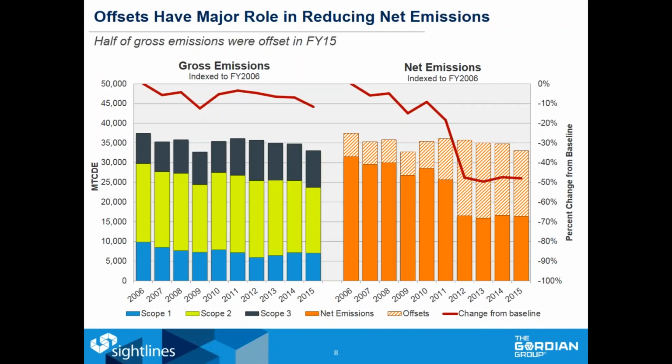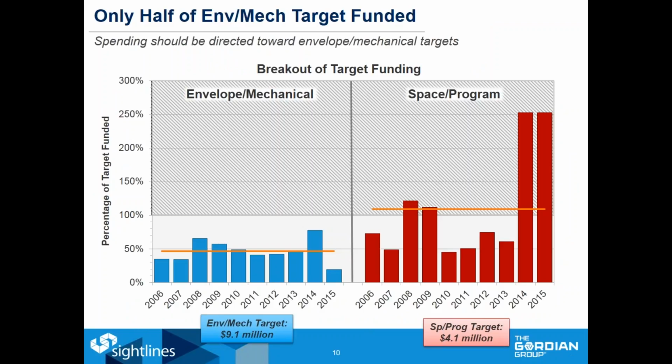So we started talking to them about how to tackle the Scope 1 emissions during that time period. These are the emissions from their on-site fossil combustion, primarily. And we tied this to capital information because most of our members, like almost all of you on the call, have facilities departments that are already working with our Sightlines team.